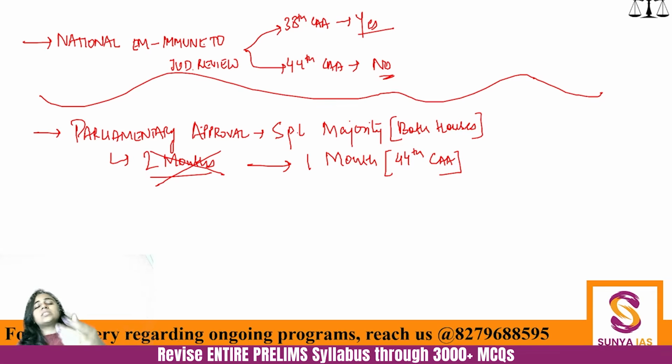Whenever the Lok Sabha meets again, within 1 month of that time the emergency has to be approved or it will cease to exist, provided that the Rajya Sabha has passed the emergency with a special majority in the meantime, when the Lok Sabha was not in session. I hope you understand that. I hope there is no issue. So this is the parliamentary approval.